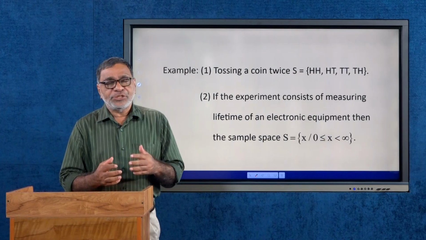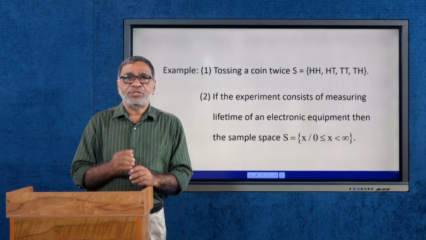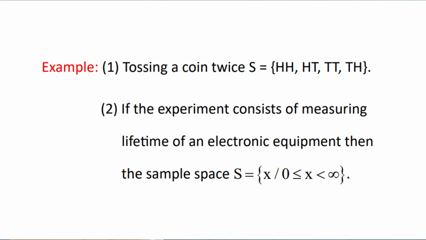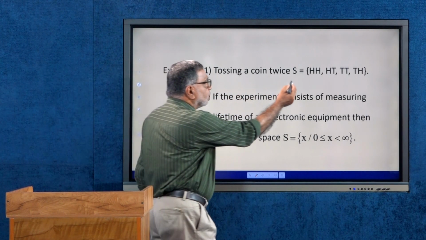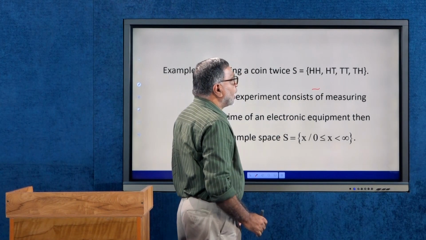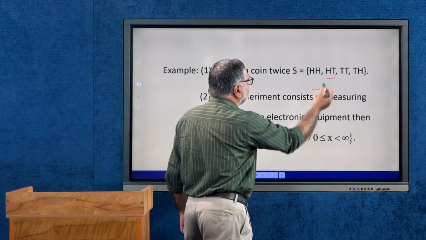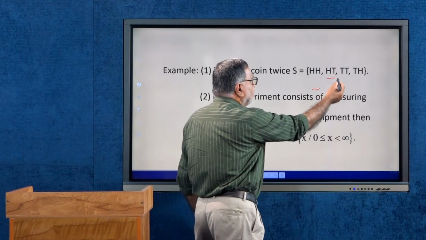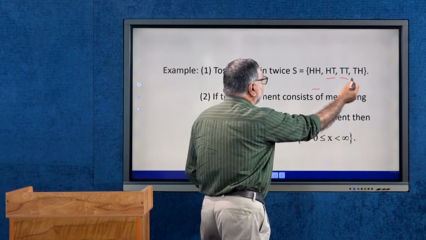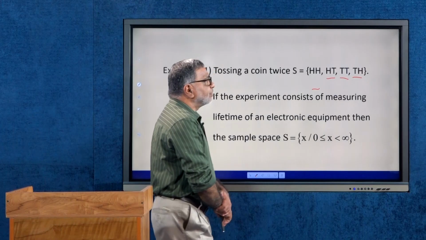Usually we consider the random experiment of tossing a coin twice. Suppose we are tossing the coin twice. What are the possible outcomes of the random experiment? The possible outcomes are: it may be two heads, or it may be head and tail, or tail and head, or two tails.